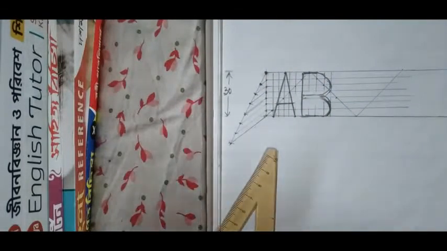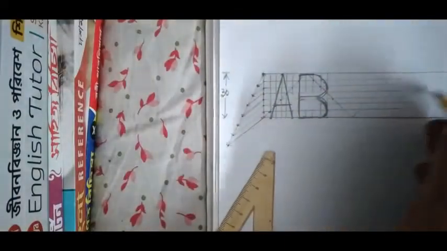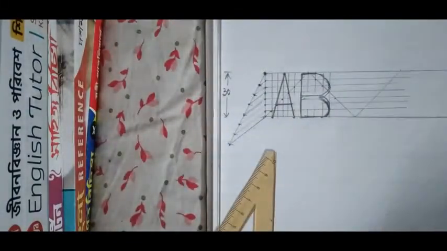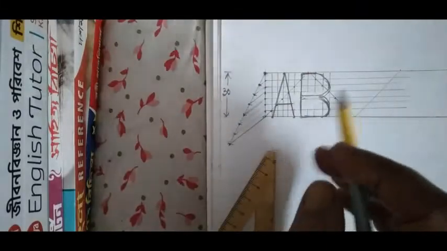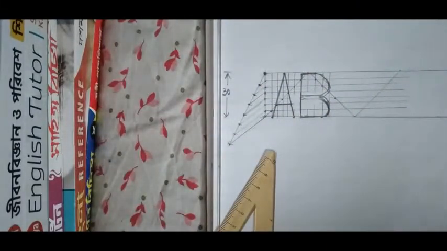So in this way you have to draw A, B, C, D, E, F, G up to Z. Actually, all these letters are in 7:4 ratio except 3 letters.